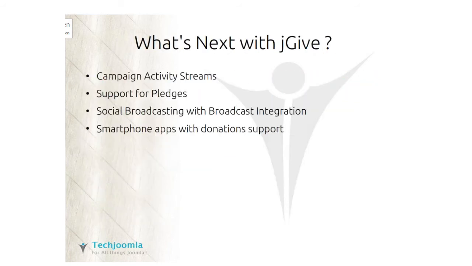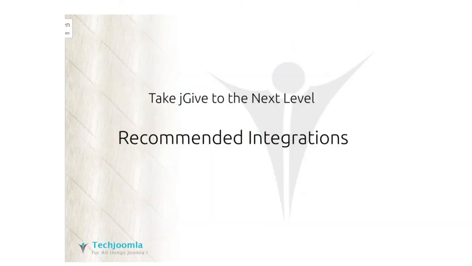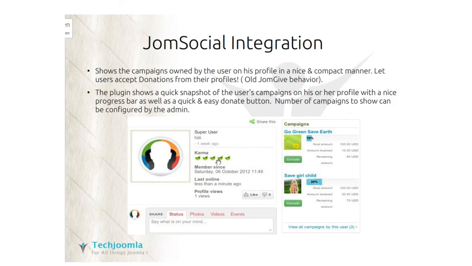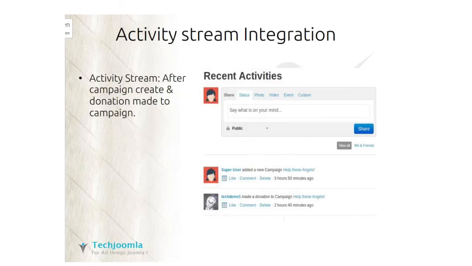So let me go a few slides back. I wanted to quickly go through recommended integrations for Jgive to take it to the next level. We have a JomSocial integration, which lets you make Jgive more social. As I said, a lot of activities are pushed to the activity stream. For example, when a campaign is created or a donation is made, it goes to the activity stream.